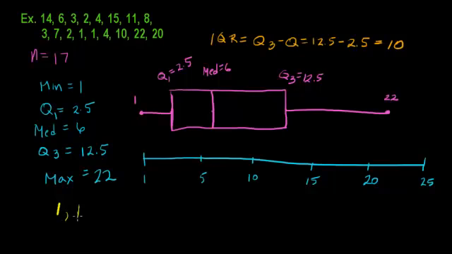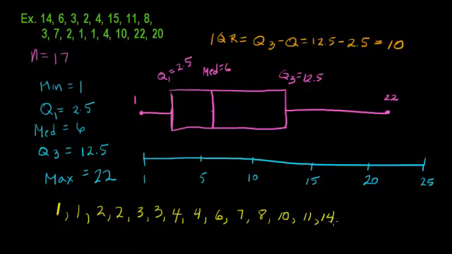So we had a 1, a 2, another 2, 3, 3, 4, 4, 6, 7, 8, 10, then 11, 14, 15, and then we had that 20, and 22. Okay, so clearly our minimum and maximum are obvious here. So here's our minimum, that makes sense, and our maximum.